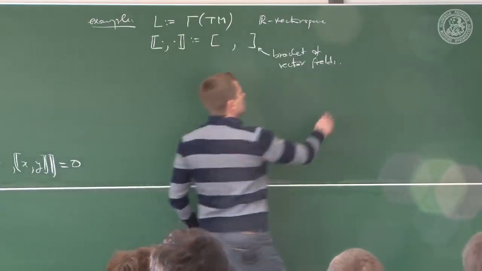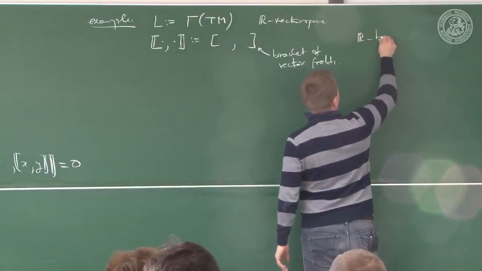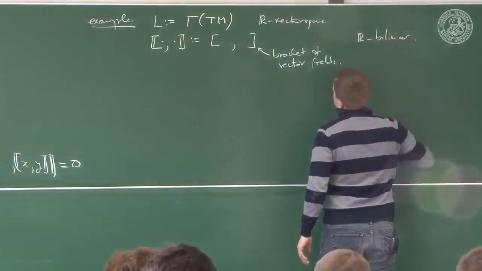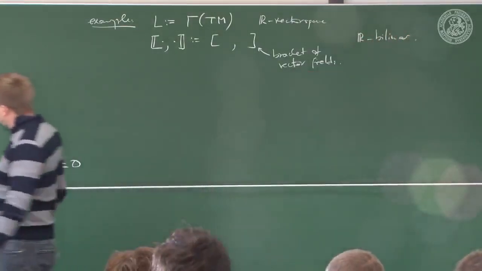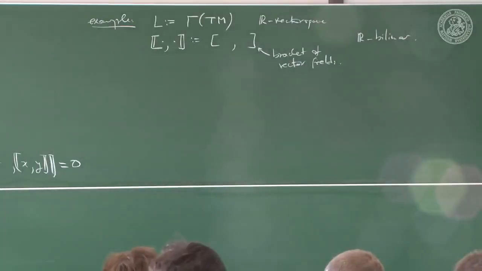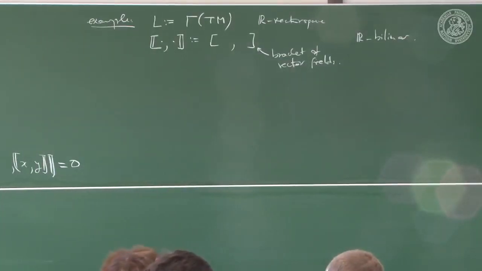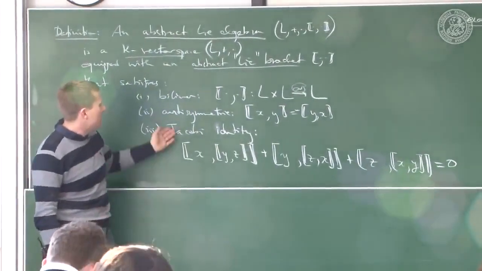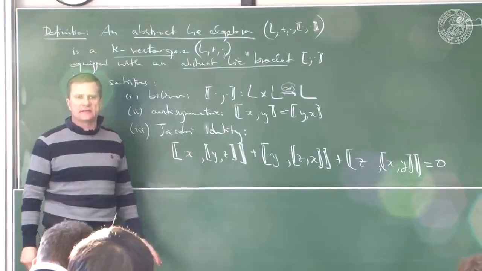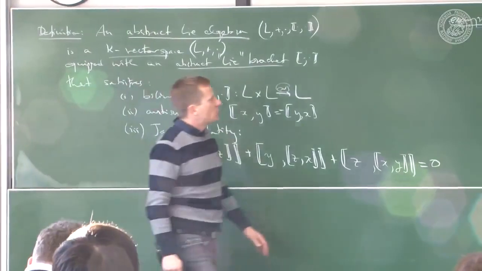So this is certainly R linear or R bilinear. And I don't know whether we checked or I had you check or we forgot, but certainly it's anti-symmetric. It's obvious from the definition of the bracket between the vector fields, and it also satisfies the Jacobi identity. Okay, so what does that mean?